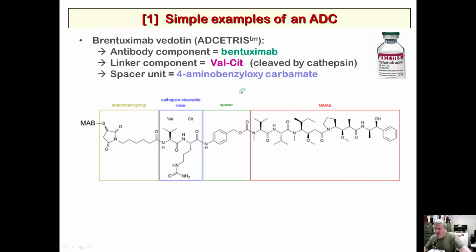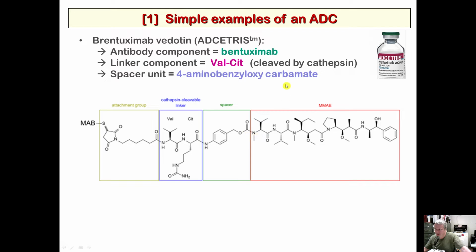And the spacer unit is 4-aminobenzyl oxycarbamate, which is this thing right here. It separates the linker from the warhead. So carbamate is this functional group. It looks kind of like an amide on one side, almost like an ester on the other side.